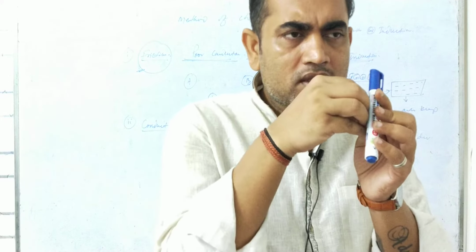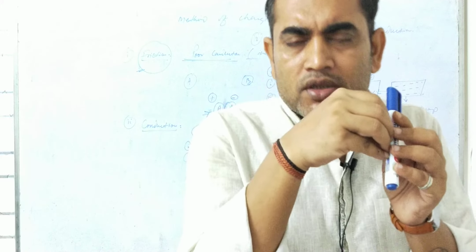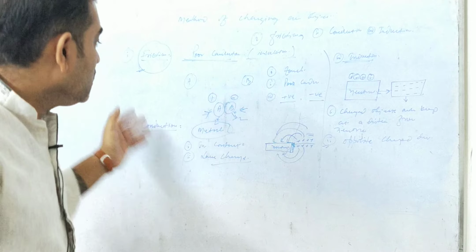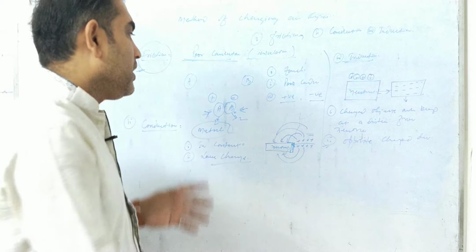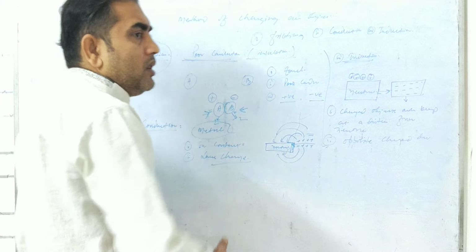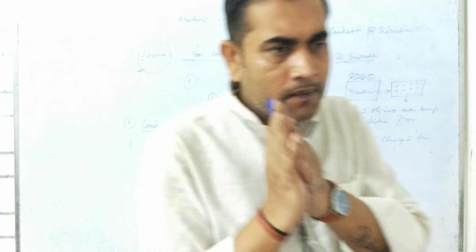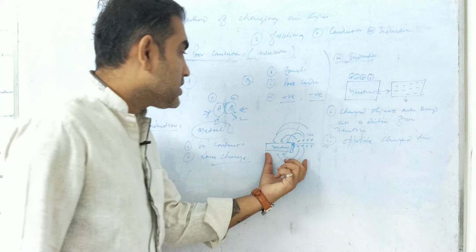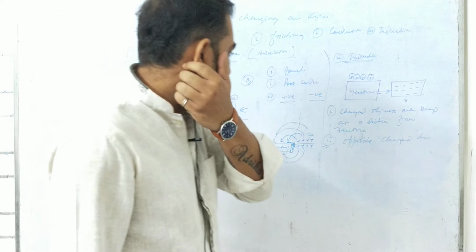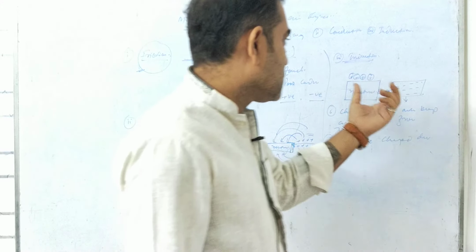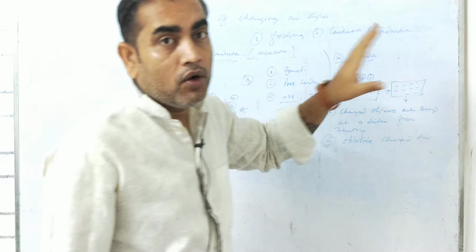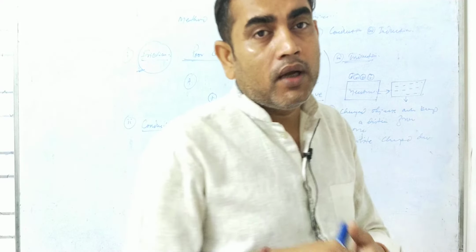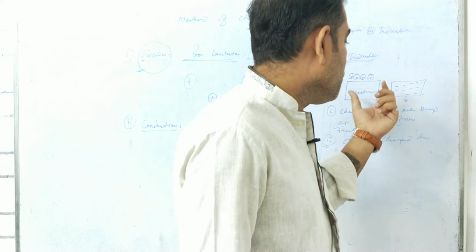That means one loses electrons and the other gains electrons. In the second situation, conduction, it goes well with metals, and they are kept in contact with each other, and the transfer of charge takes place, and they acquire the same charge. In induction, charged objects are kept nearer but not in contact with the neutral object, and the opposite charge develops on the neutral object.